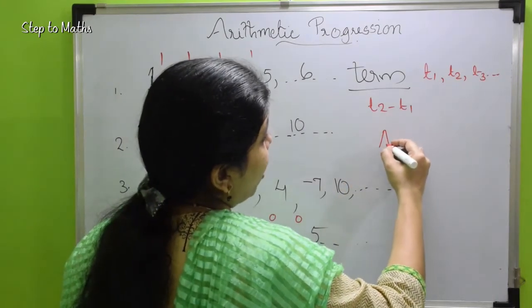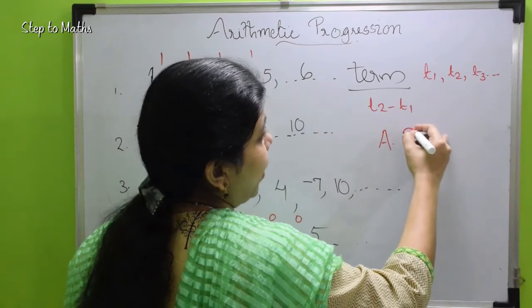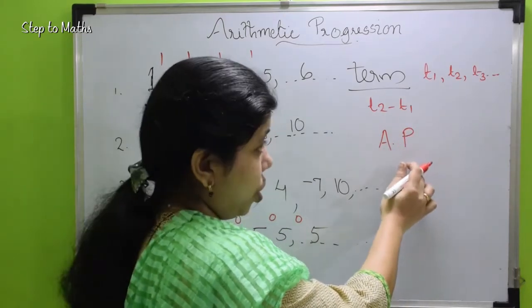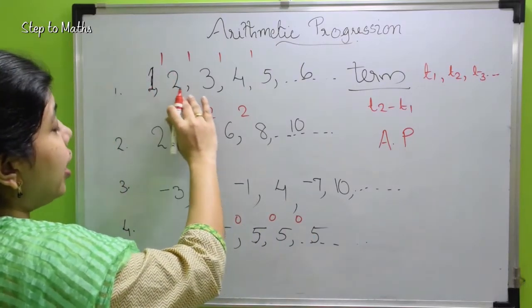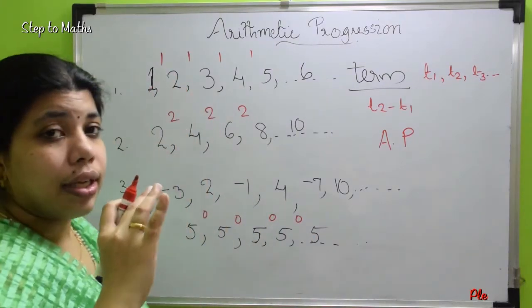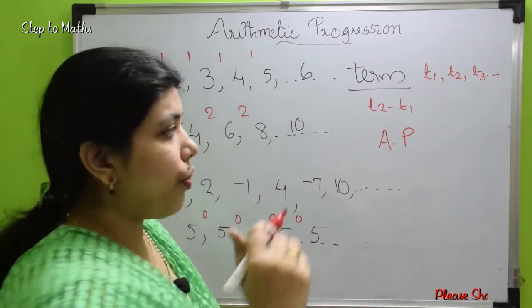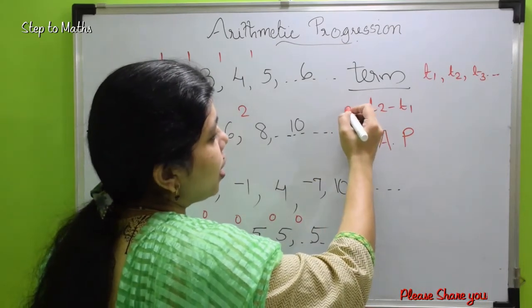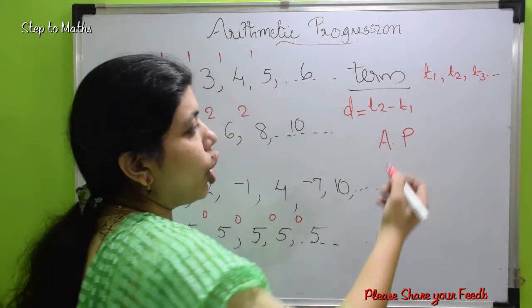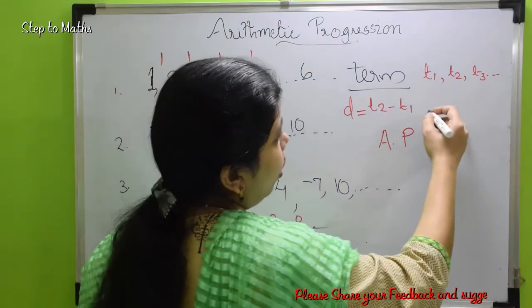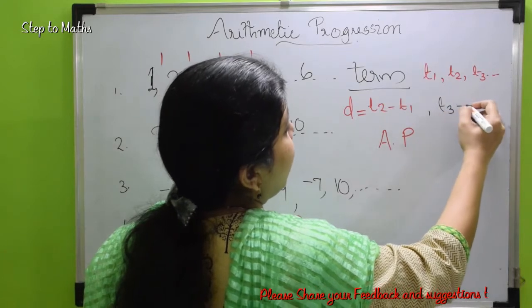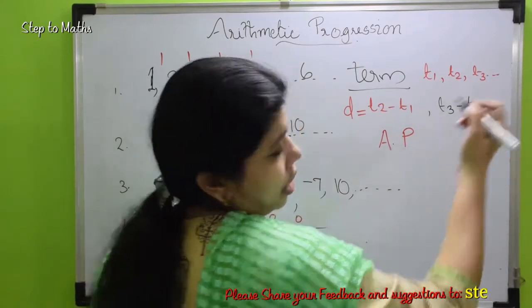In short form, we can write it as AP, arithmetic progression. And the constant difference, the common difference, is represented using the letter D. D is equal to T2 minus T1 or T3 minus T2, etc.